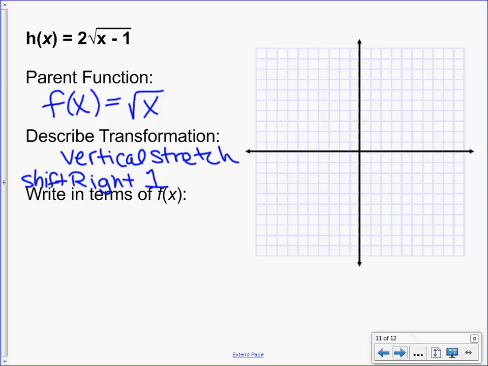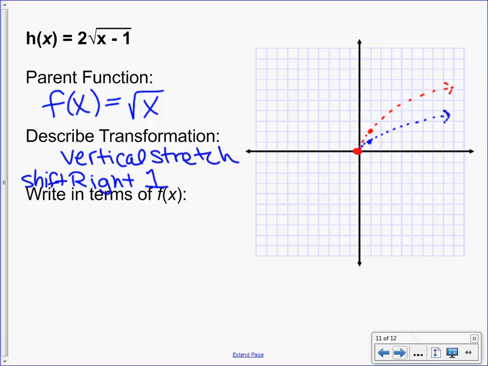Very lightly, I'm going to put our parent function on here. We have a vertical stretch of 2. What does that mean we do to our coordinates? We take the y's, and we multiply by 2. So 0, 0 becomes 0, 0, and 1, 1 becomes 1, 2. So what happens is we're kind of doing this, right?